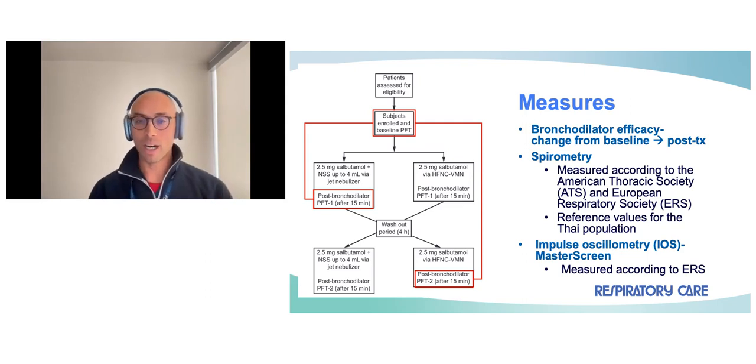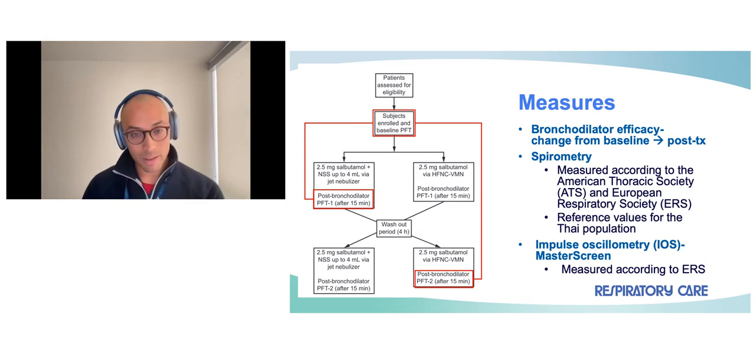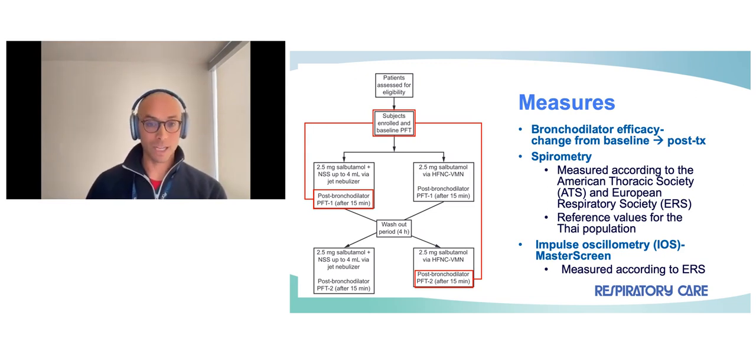So they wanted to compare, if you look at the left red line box, the difference between post-jet neb bronchodilators and baseline, versus, if you look at the bottom right box now, post high flow nasal cannula bronchodilator against the baseline PFTs.